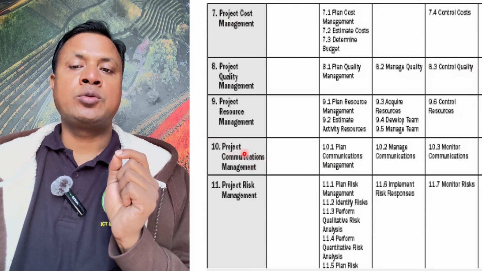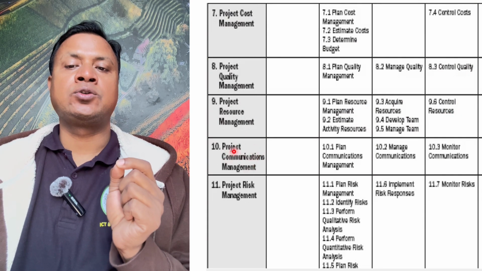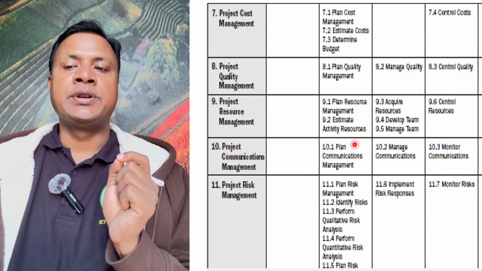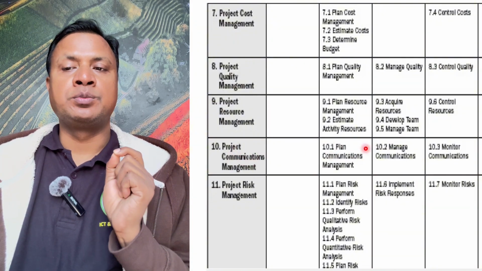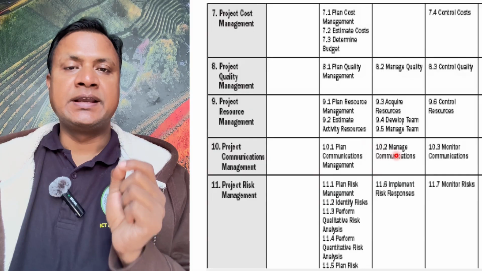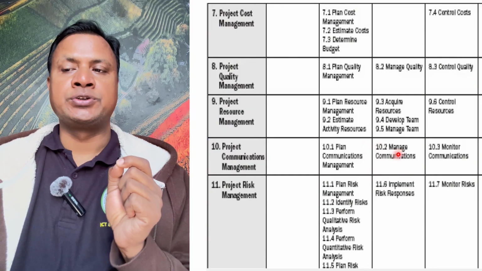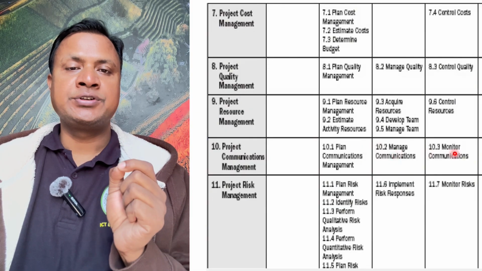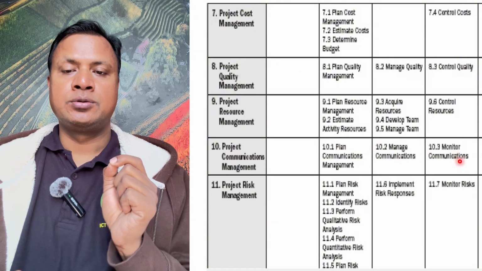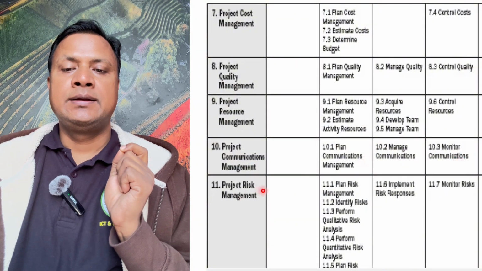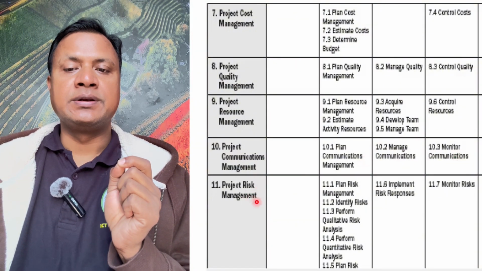Next is project communications management. For ensuring communication, at the planning stage, we plan communications management. Then in the execution stage, we manage communications. In the monitoring stage, we monitor communications. Then project risk management.